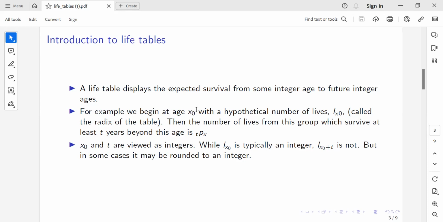So we will take a particular age X. Okay, I want you to ignore the X naught. Just let's use X. So we'll take a particular person who is age X, and we'll take a number of lives, L subscript X. Okay. So usually with designing a life table, you need to identify a group of people, let's say 100,000 people.